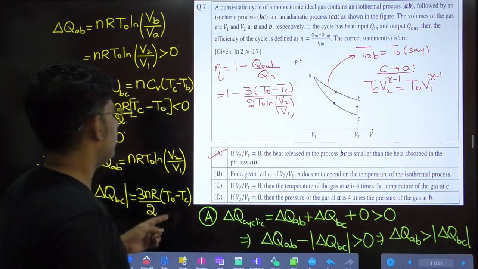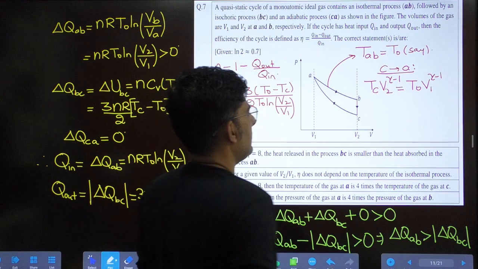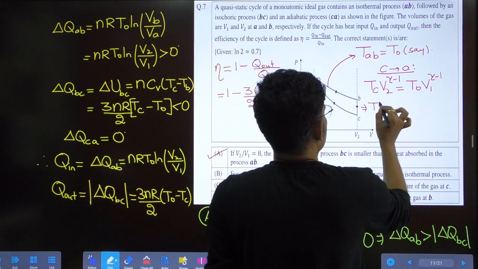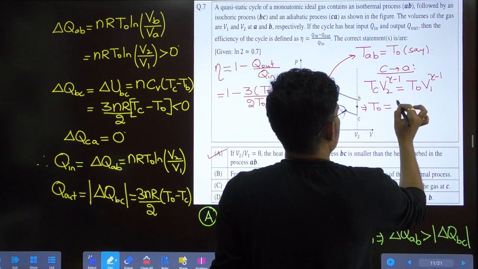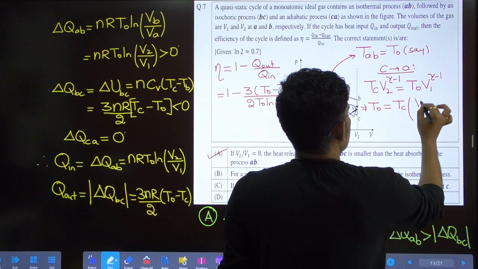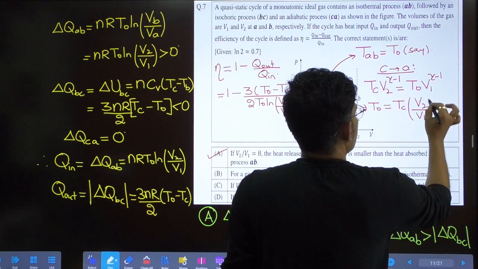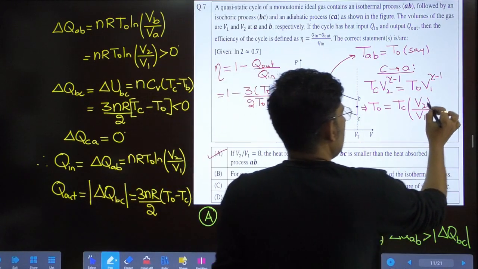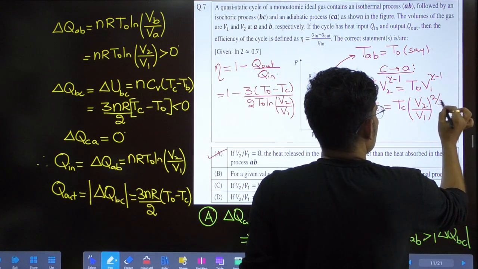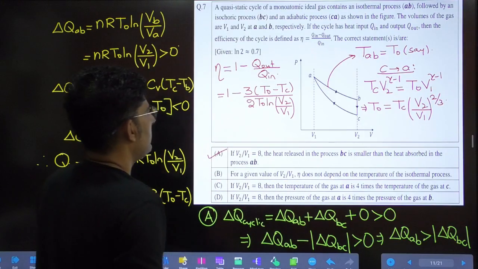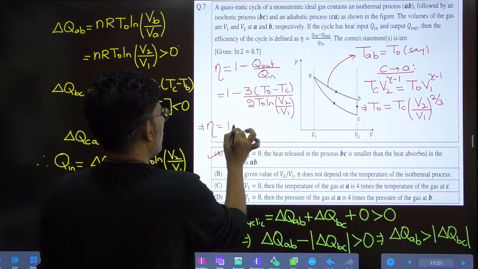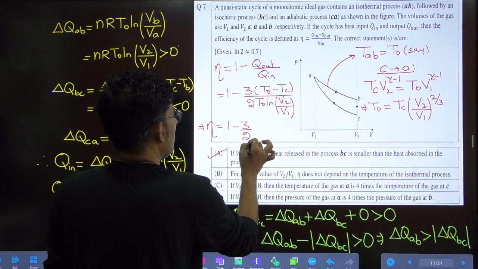So in place of T₀, I can substitute T_C (V₂ by V₁)^(γ−1). For a monoatomic gas, gamma is 5 by 3, and 5 by 3 minus 1 is 2 by 3. So if you substitute it over here, the efficiency you can see becomes 1 minus 3 by 2.